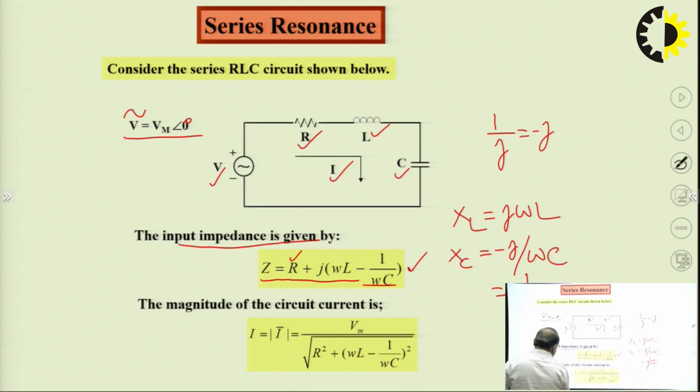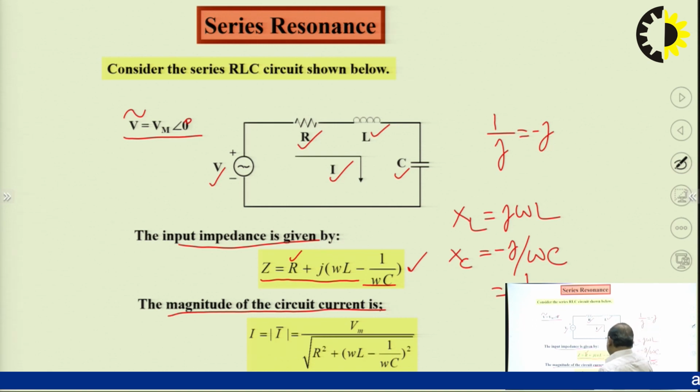And then the magnitude of current which will be passing through the circuit or through the elements which are connected in the circuit, that will be given as magnitude of voltage applied, supply voltage, that is Vm, divided by the impedance magnitude. The impedance magnitude can be written as under root of real part square plus imaginary part square.